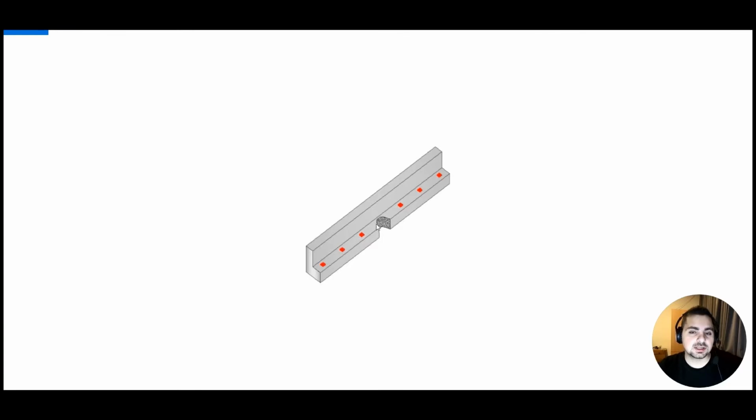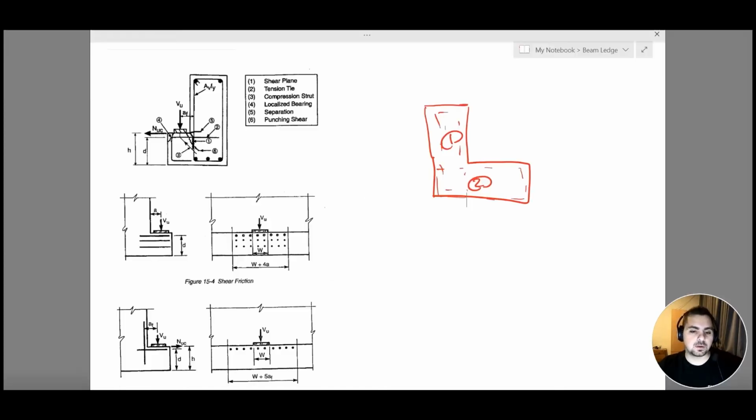We need to make sure that this does not happen, so we need to accommodate for that and reinforce against punching shear. So these are basically the 6 modes of failure that we have when we talk about our beam ledge: shear plane, tension tie, compression strut, localized bearing, separation, and punching shear. And we have to reinforce against all of them.